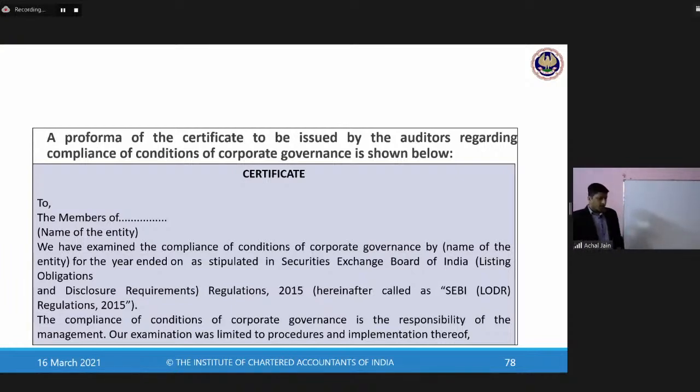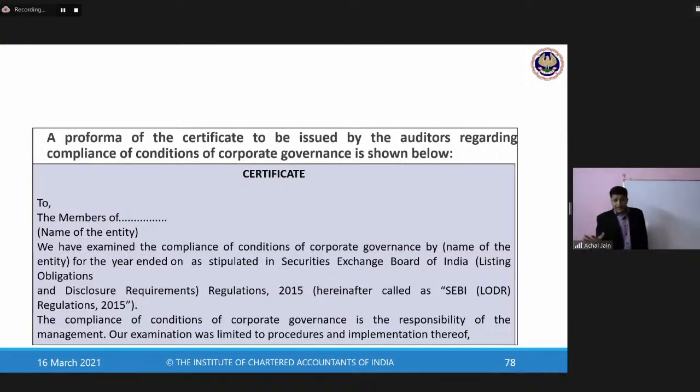Next. Now, what is it that the auditor has been doing? Auditor is first of all saying what the auditor has actually done. Now, similar to what the audit report will say, now the auditor will comment about the responsibility. So the auditor is saying the compliance of conditions of corporate governance is the responsibility of management.